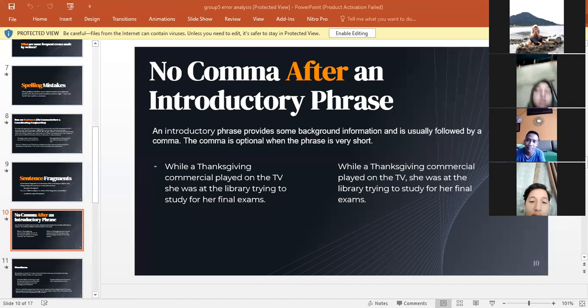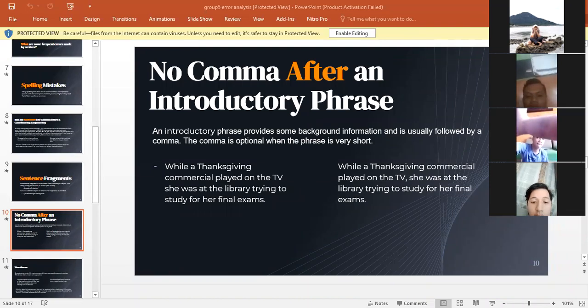So the next is no comma after an introductory phrase. An introductory phrase provides some background information and is usually followed by a comma. The comma is optional when the phrase is very short. For example, while a Thanksgiving commercial played on the TV she was at the library trying to study for her final exams.